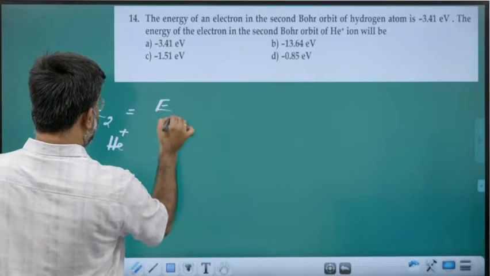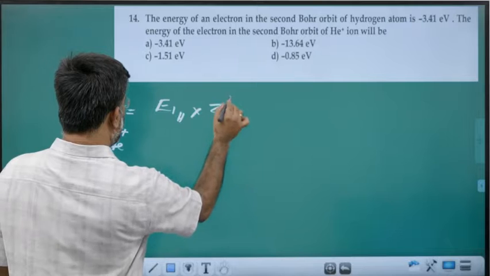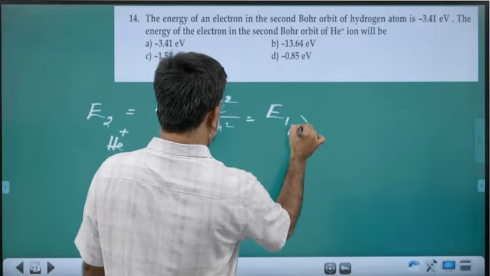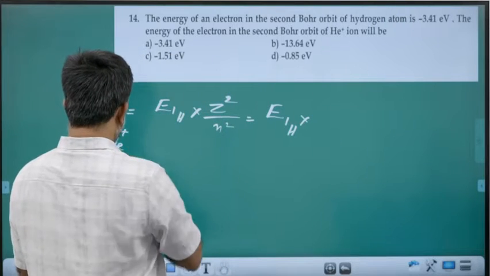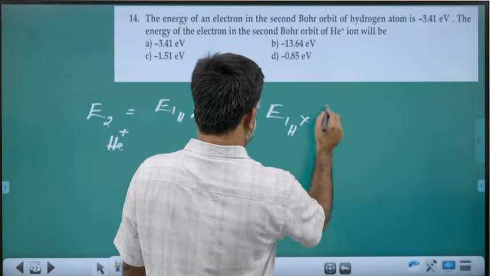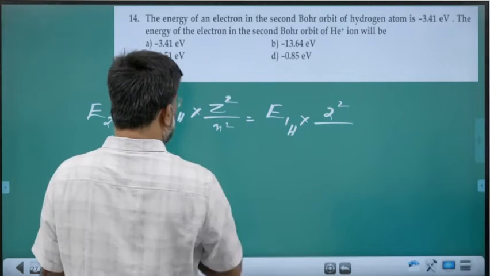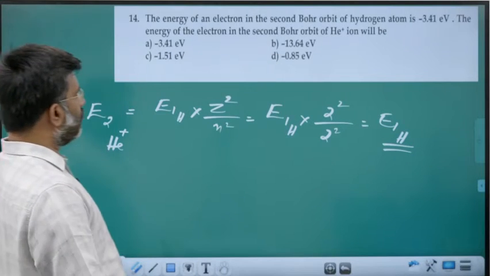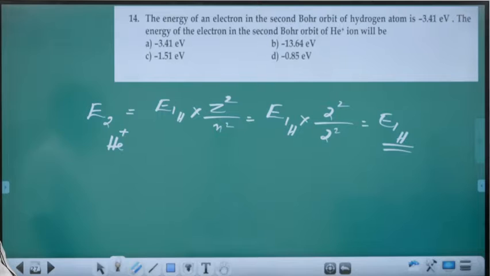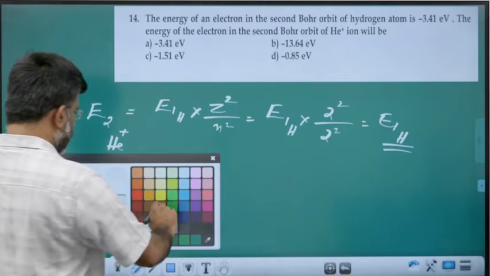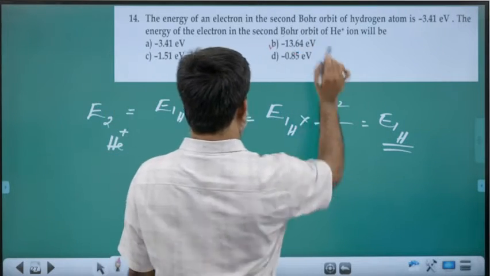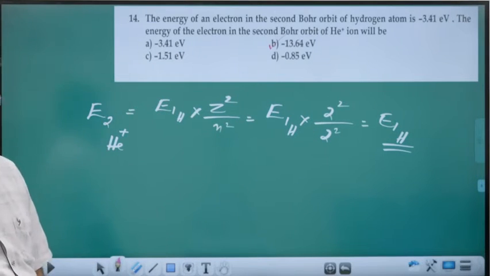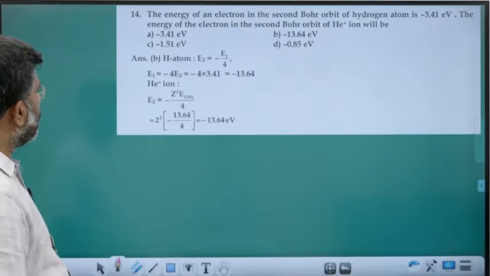It is E1 for hydrogen into Z square by n square, that is E1 for hydrogen into the atomic number of helium, 2 square, divided by 2 square. So it is E1 for hydrogen. You know the value, you need not find it actually. It is B. E1 for hydrogen is minus 13.6 electron volt.